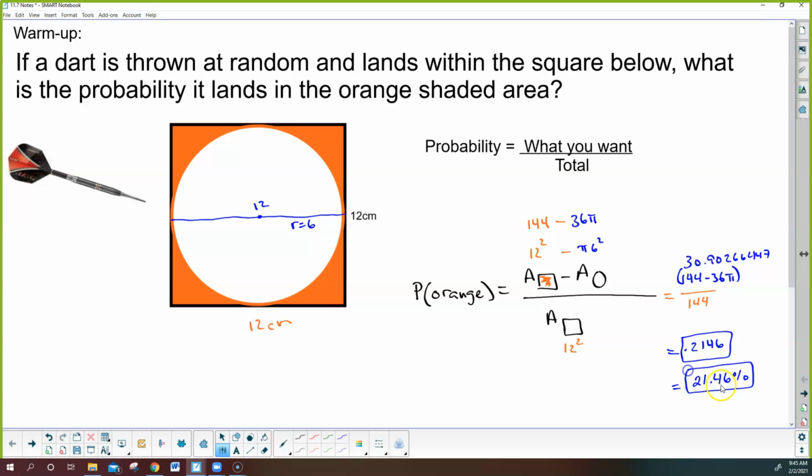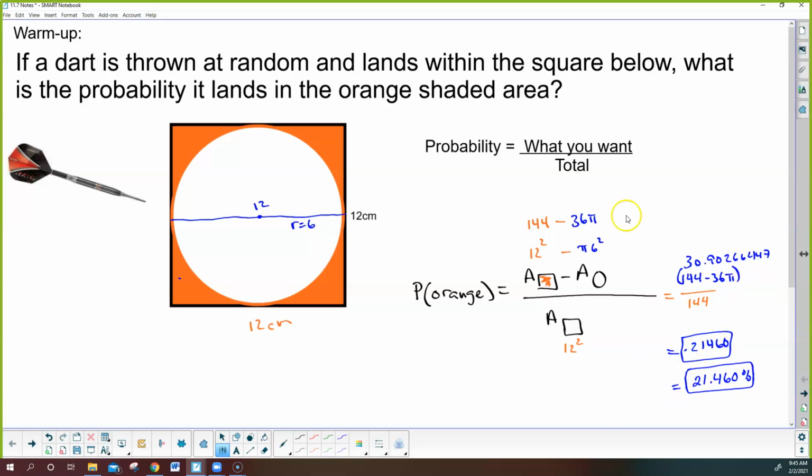So you have 21.46%. I should round that to 3 decimal spots just to be more accurate. But if this dart was thrown at random and it had to hit somewhere in this orange, you get a 21.46% chance of that happening.